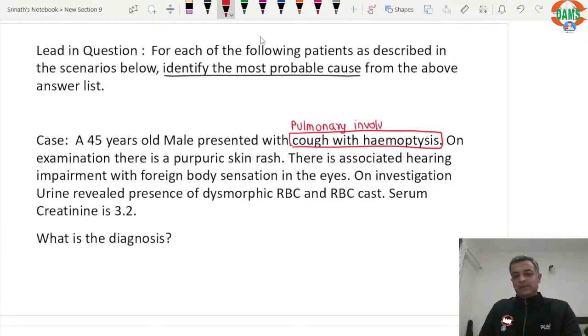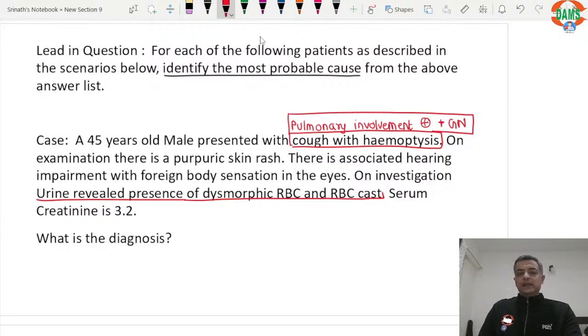Along with pulmonary involvement, the urine also shows dysmorphic RBC and casts. So along with pulmonary involvement, there is GN also. That's why we put them under the heading of pulmonary renal syndrome. The diagnosis has to be among one of the pulmonary renal syndromes.